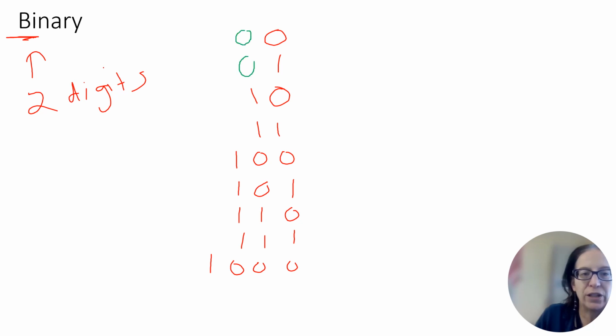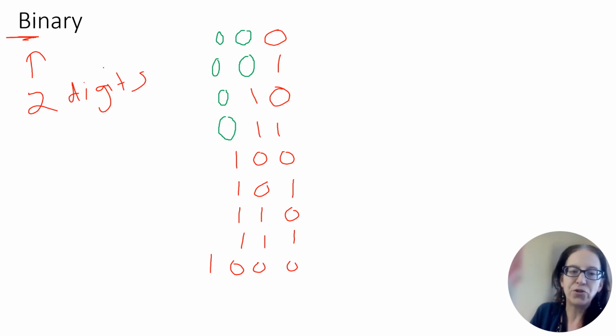So we don't usually use those leading zeros, but it would go 0, 0, 1, 1, 0, 0, 1, 1. The next column over will alternate in groups of 4, 0, 0, 0, 0, 1, 1, 1, 1. And then the next group over here would alternate in groups of 8. And so forth.